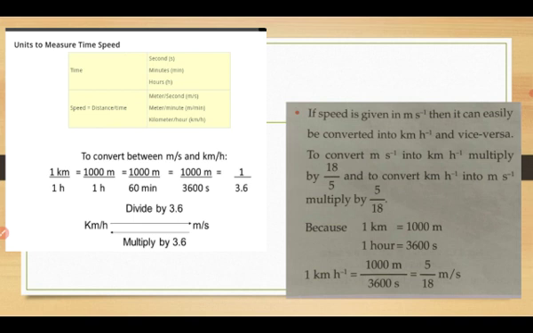To convert meter per second into kilometer per hour, we multiply by 18 upon 5, and to convert kilometer per hour into meter per second, we multiply by 5 upon 18, because 1 kilometer is equal to 1000 meter and 1 hour is equal to 3600 seconds. 1 kilometer per hour is equal to 1000 meter upon 3600 seconds, and we get 5 upon 18 meter per second.